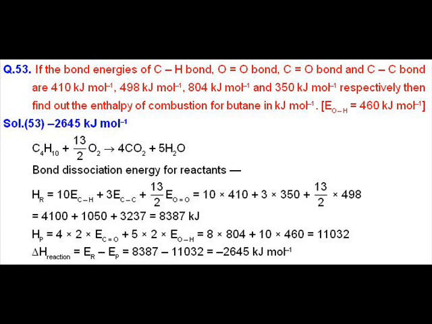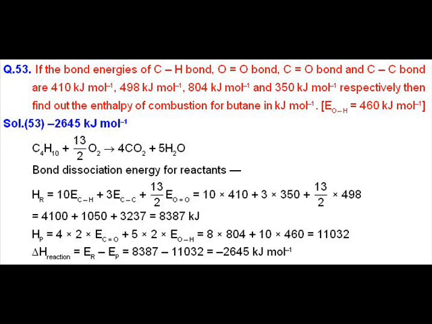After substituting the values from the question, we will get the energy that we have to supply in order to break the bonds on the reactant side as 8387 kilojoule. Now coming to the product side, as we know that bonds will be formed, so energy will be released. First of all, we will look for the energy that will be released in the formation of 4 moles of CO2.